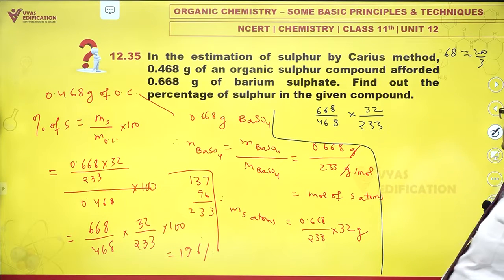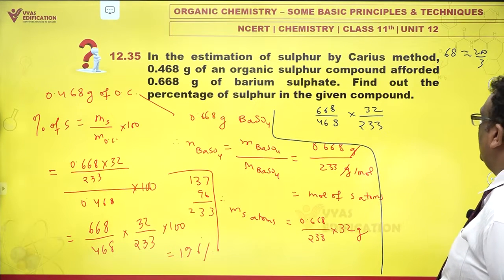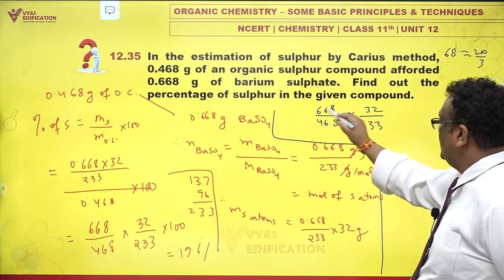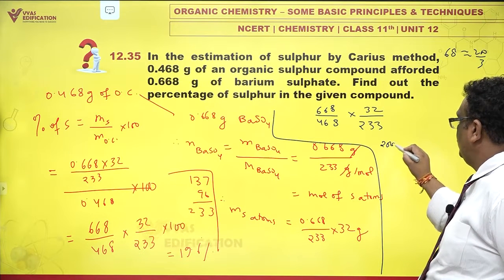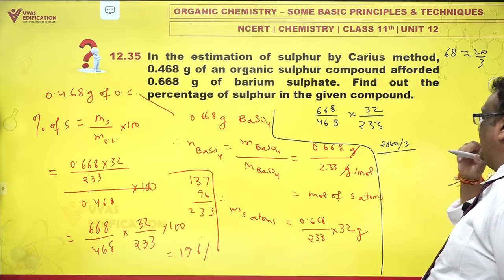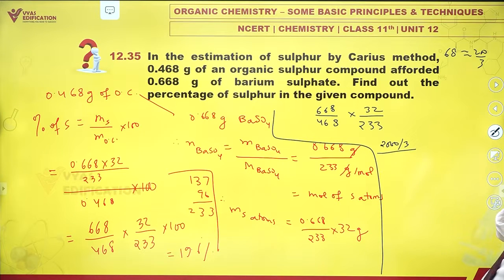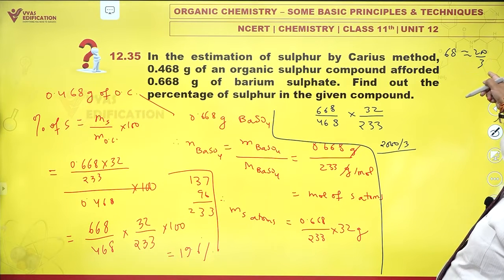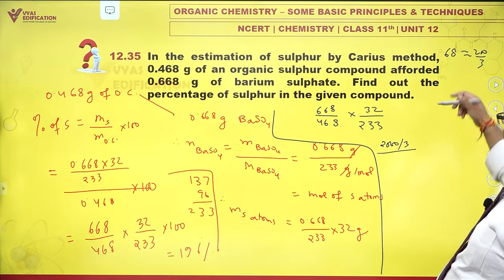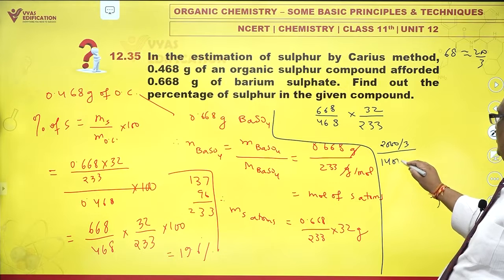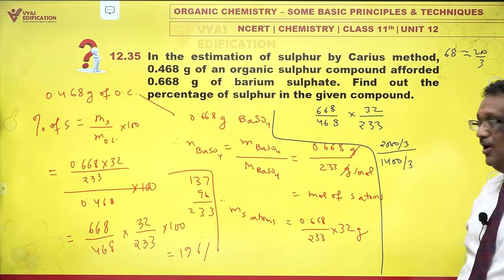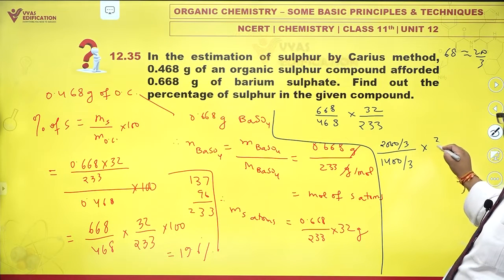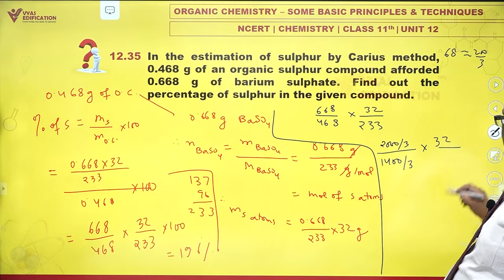That makes it how much? 2000 by 3. So this number is how much? 2000 upon 3 divided by, this would be 1000 by 3? No, that is 200 plus 400, 412, 1400. Yeah, into 32 by 233.